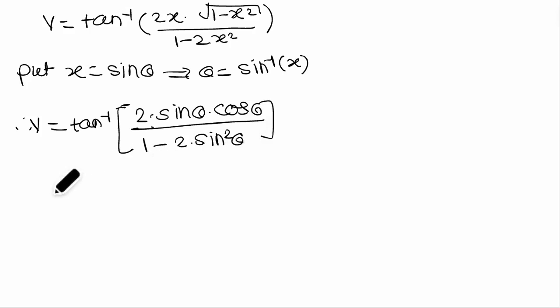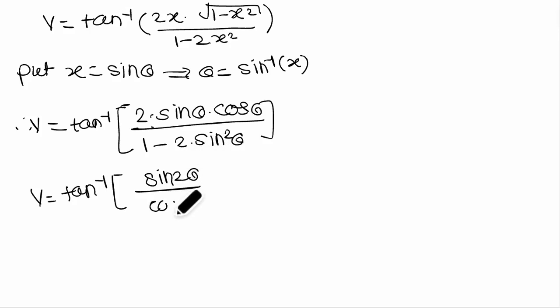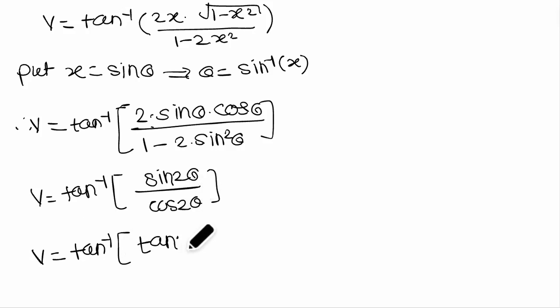So 2 sin theta cos theta is sin 2 theta, whole divided by 1 minus 2 sin square theta, which is cos 2 theta. So v equals tan inverse of sin 2 theta upon cos 2 theta, which equals tan of 2 theta. Tan inverse of tan will be 2 theta.